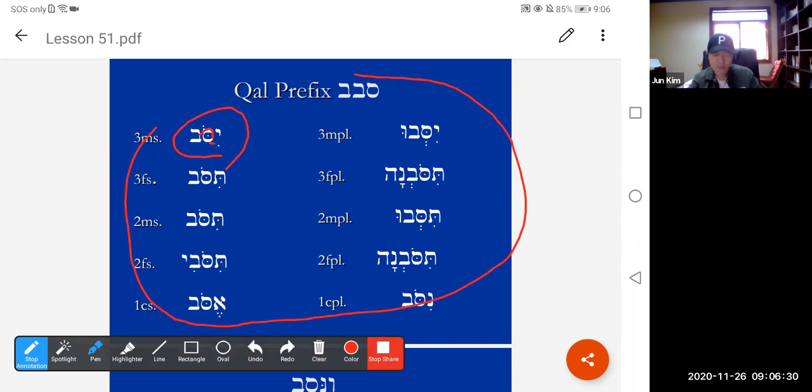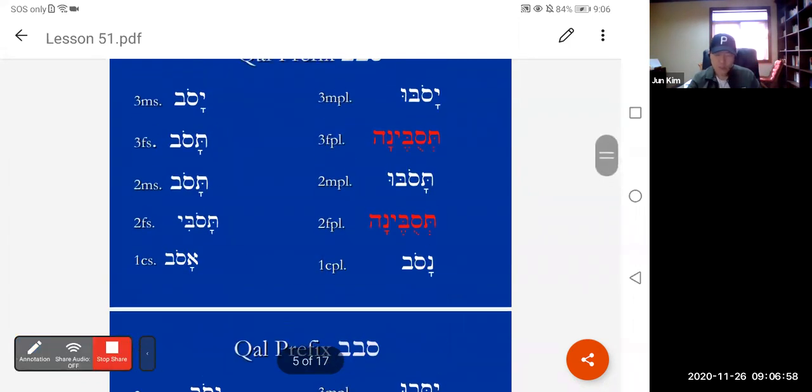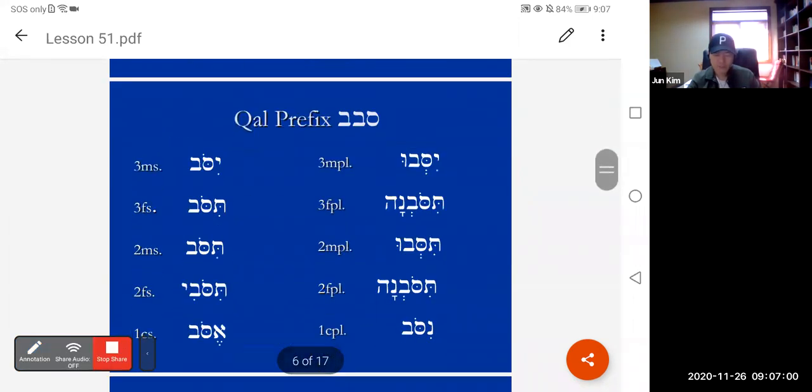So now I'm trying to say that even this dagesh in the first root letter can be simply used without having any other stems like nifal or hifil. There is no reason. I can just say this geminate verb sabab takes its own unique style, even for the qal prefix form. So we have two actually, one here and one here.